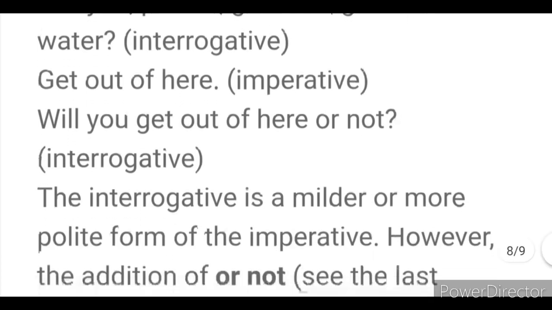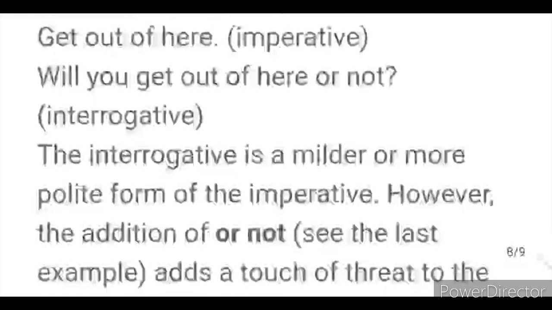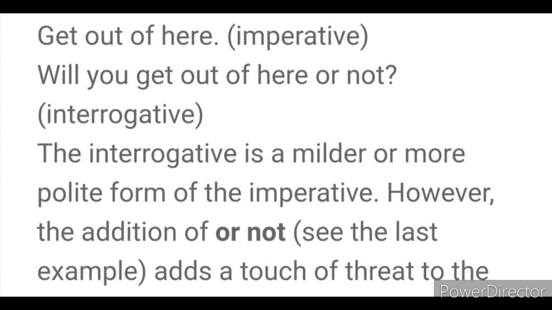So, interrogative. The interrogative is a milder or more polite form of the imperative. You can make out from the tone of voice. Get out of here is definitely very rude or rough. But when I am saying, will you get out of here, or will you please get out of here, then it is not so rude or rough.